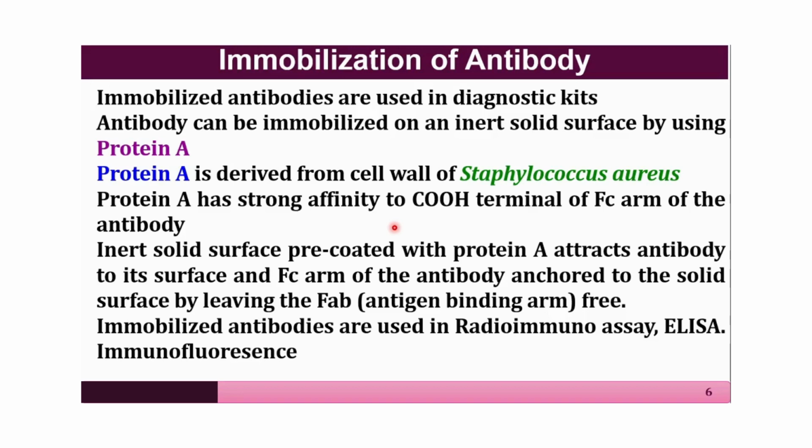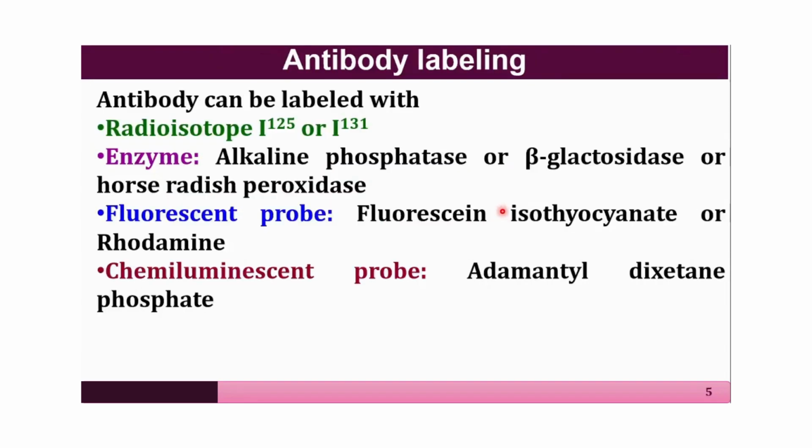To make the antibody bind to the inert surface, a special protein is used which is called protein A. This protein A is derived from the cell wall of Staphylococcus aureus bacteria, and it has a strong affinity to the carboxyl terminal of the FC region of the antibody.